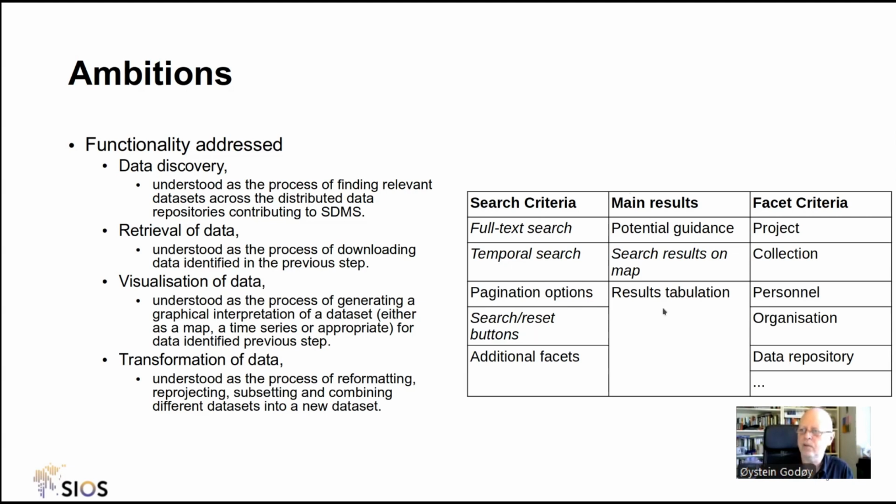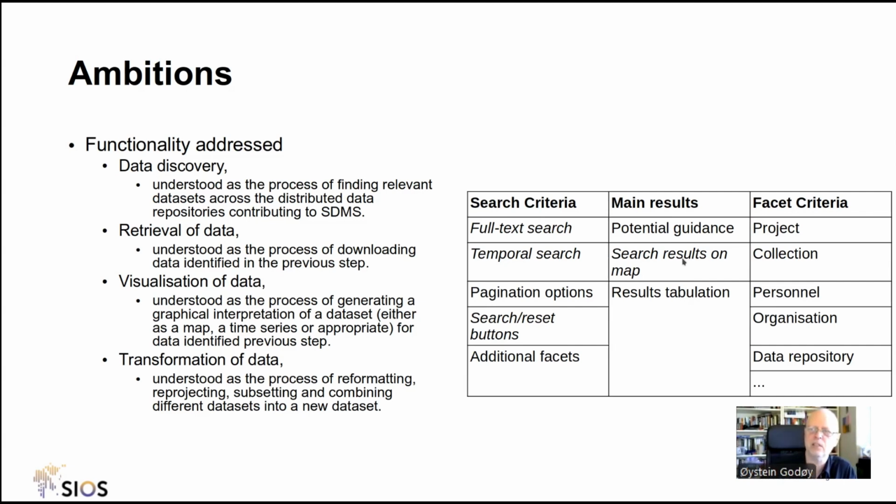In the main results pane, you have potential guidance at the top. You will see some accordion menus which you can expand, and you can get guidance on how to use the system. You see the search results in a map, and then you have the results tabulation. The main issue here today is that the search results map also gives the spatial filtering option for the system.